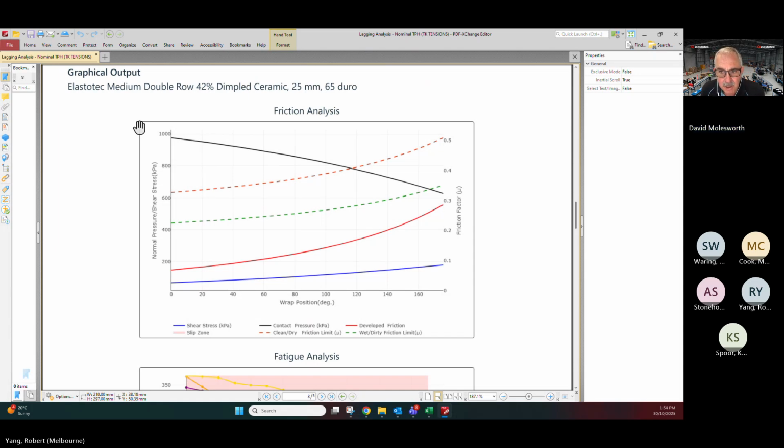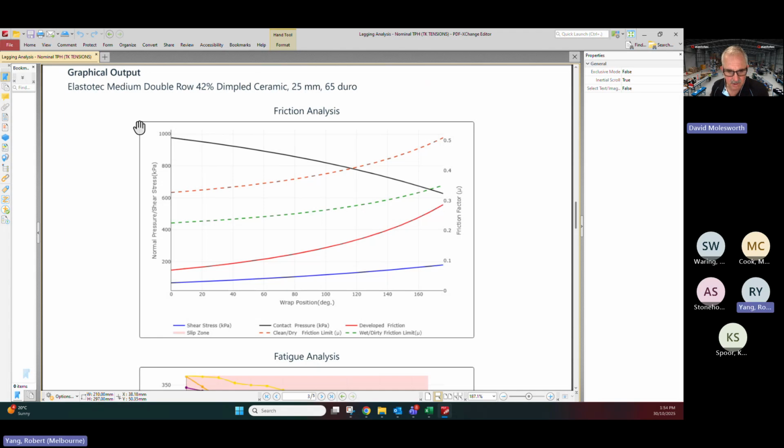We've taken all of our laggings with specific belt covers, Tunra has done friction testing, and we can share that with you. They've done the friction testing at a range of normal pressures from 0 up to 700, I think it's 700.